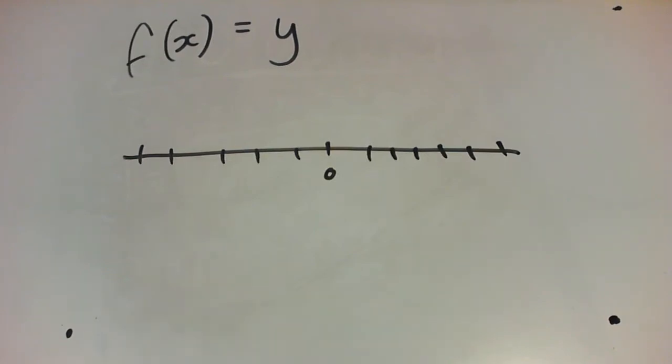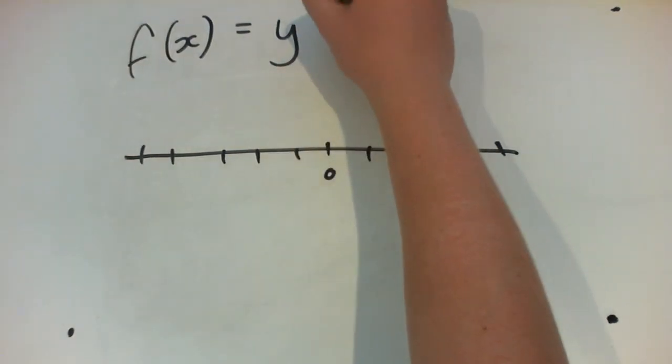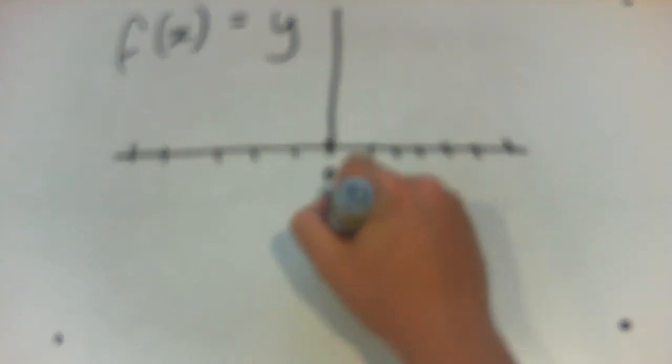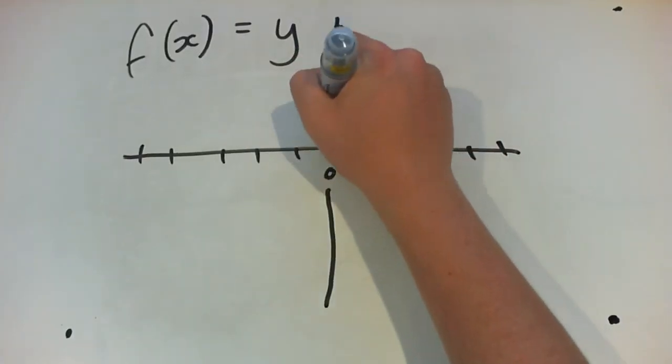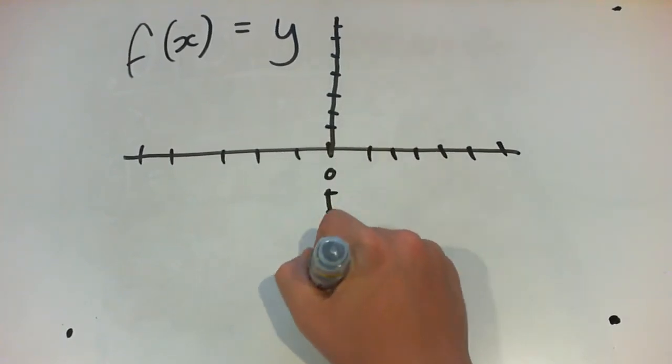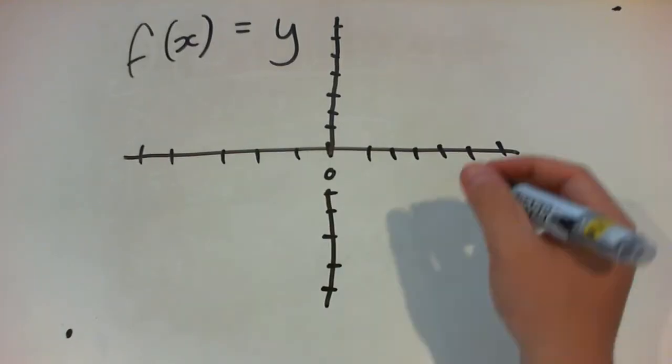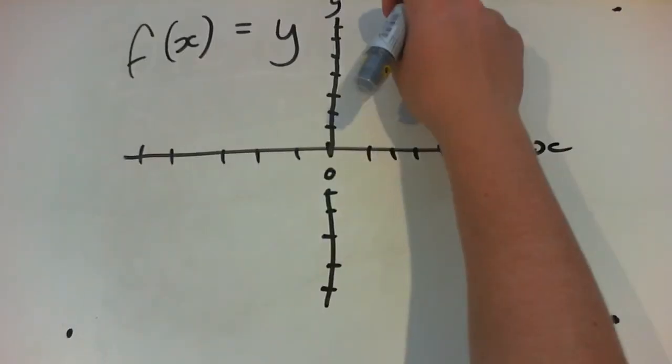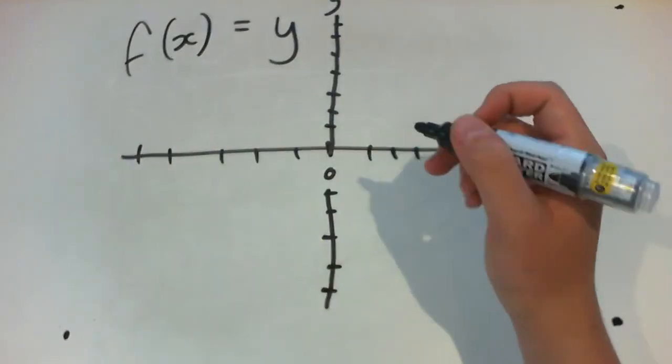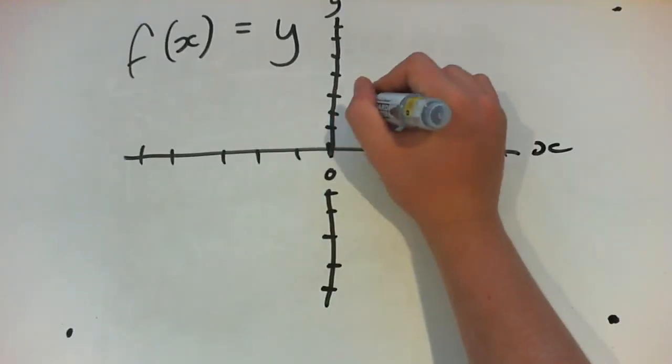And one of the main ways of visualizing it is by adding in another real number plane called y, and we can call this x and this y, meaning this is our input and this is our output, and we can graph where every single input goes to our output.